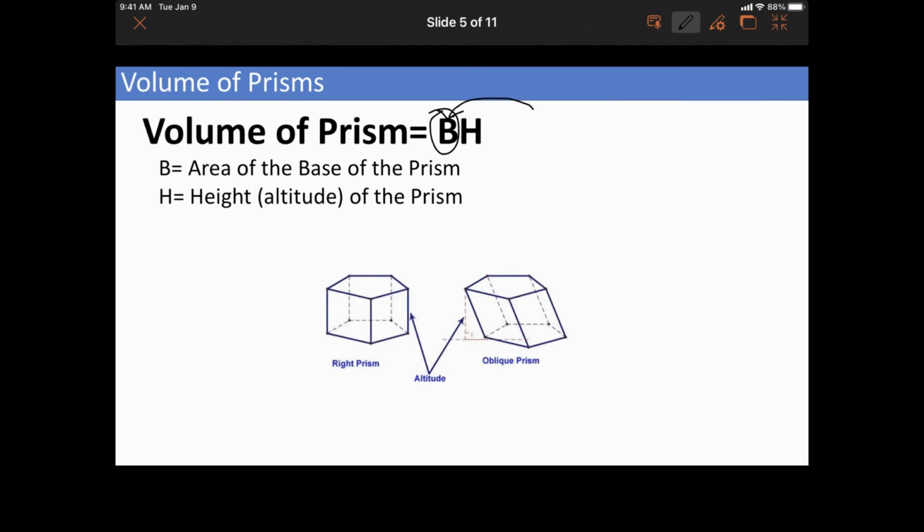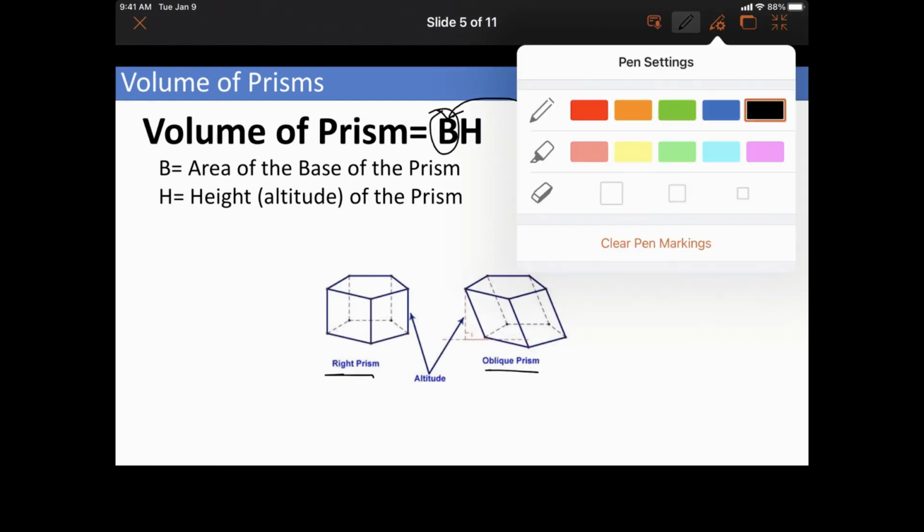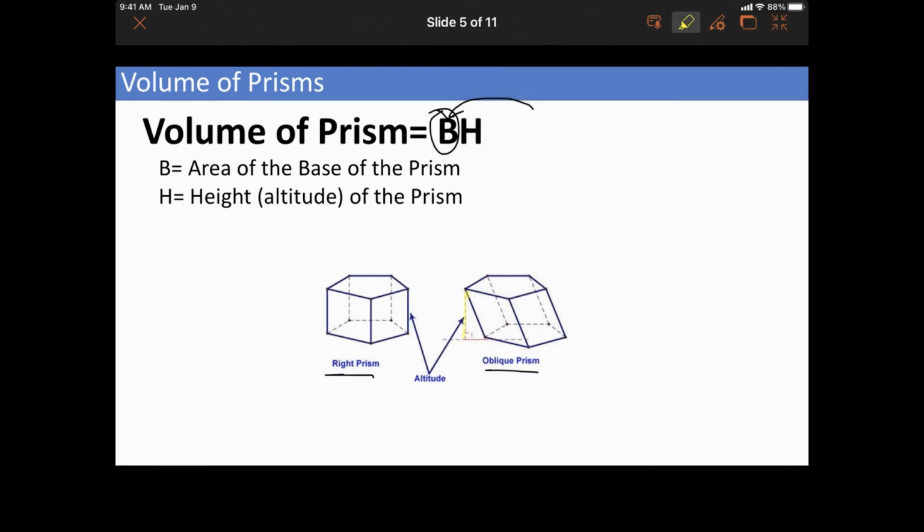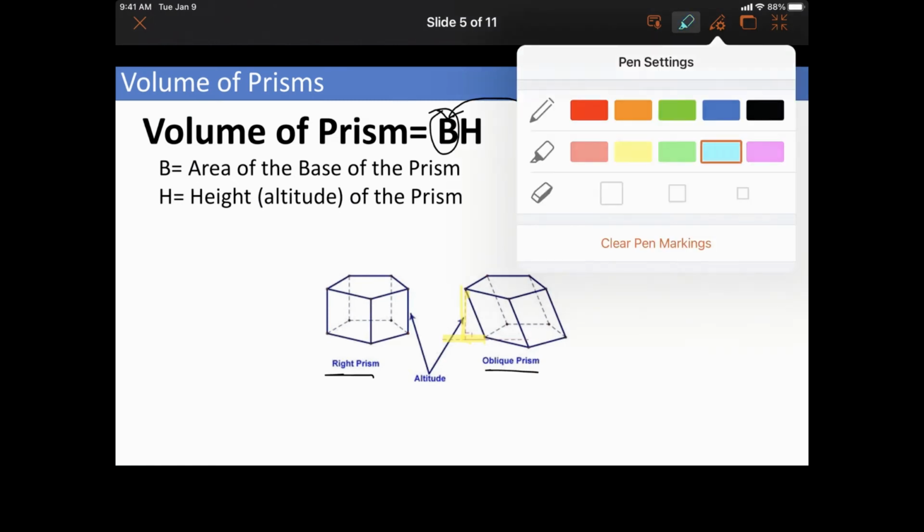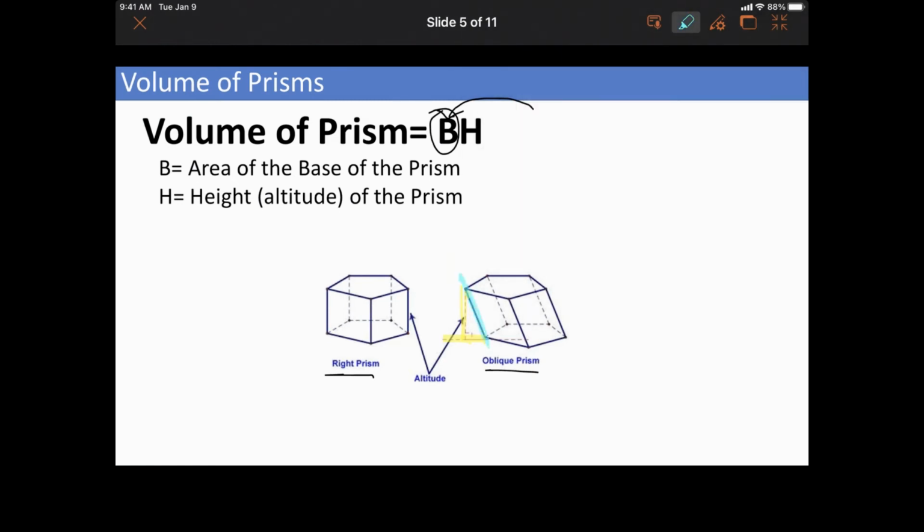Now there's 2 types of prisms we've talked about, a right prism and an oblique prism. The formula is still the same. Just remember that for an oblique prism, the height or altitude is not the same as its edge. The edge is here. For a right prism, the height and the edge are the same.